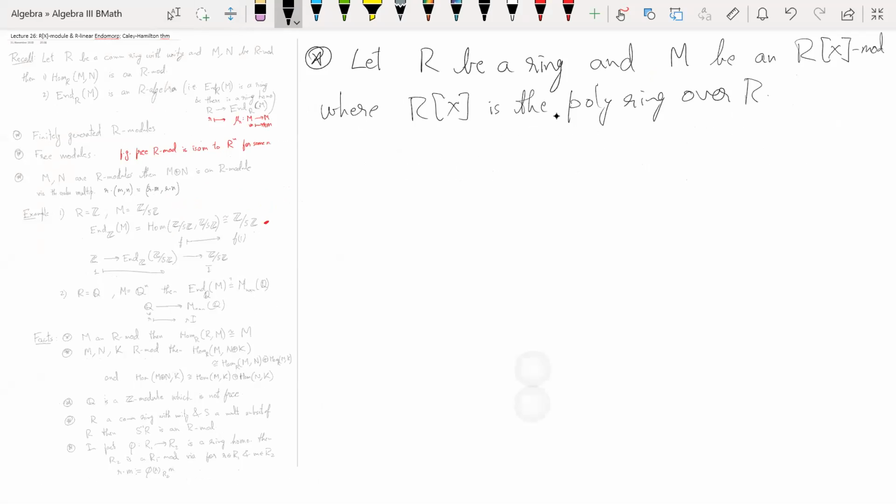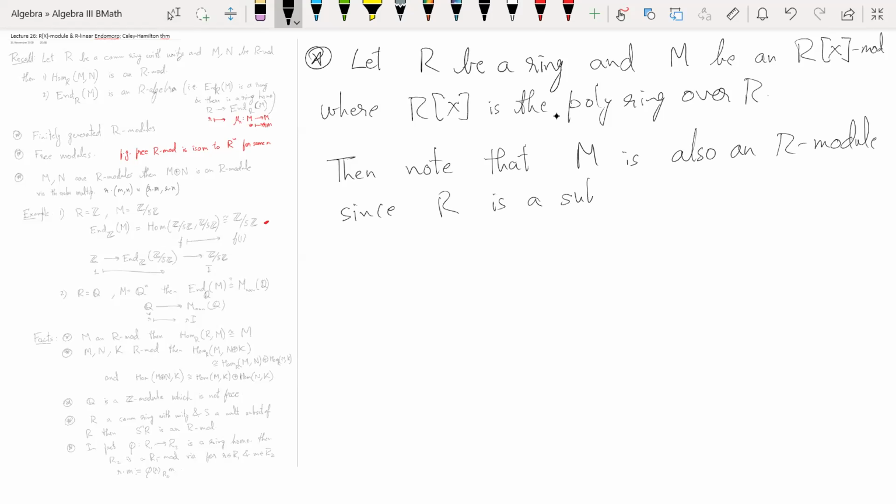So note that M is also an R module, since R is a subring of R[x].